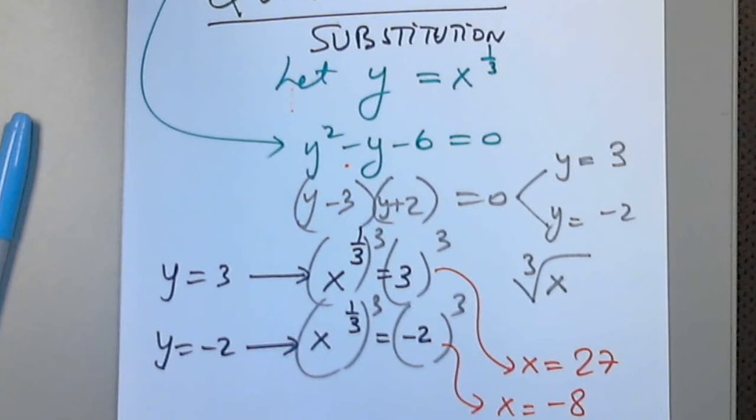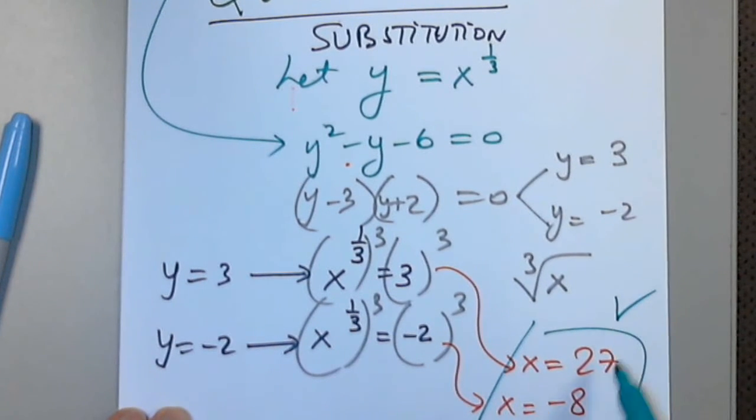But I want to check. What do I plug in? 27, and after that, I plug in -8. And what should the answer be? 0, exactly. When I plug in 27, I get 0. When I plug in -8, I get 0. So what do we conclude about both solutions, -8 and 27? Do they work? Are they acceptable or not? Of course. They are accepted and they work.